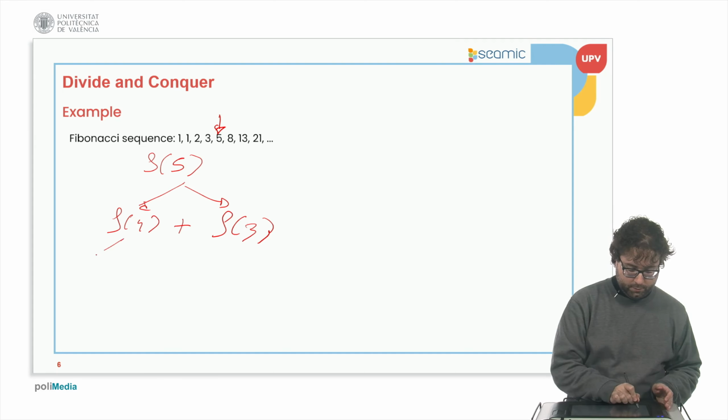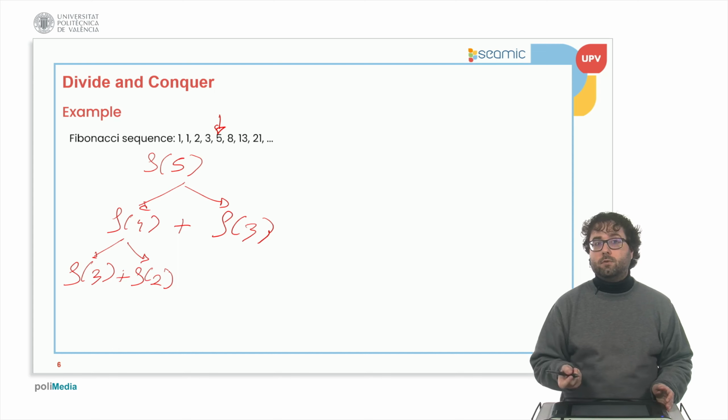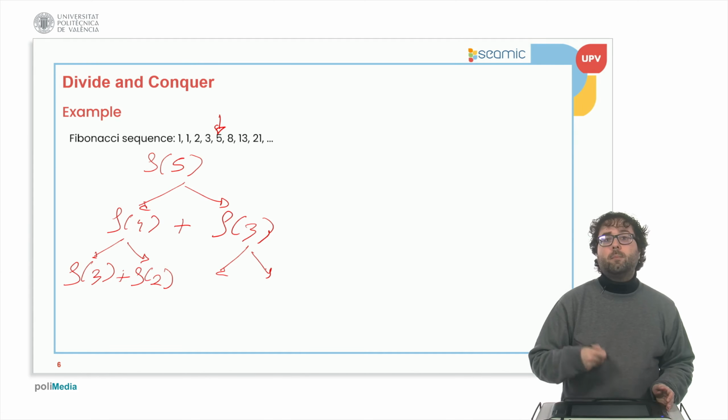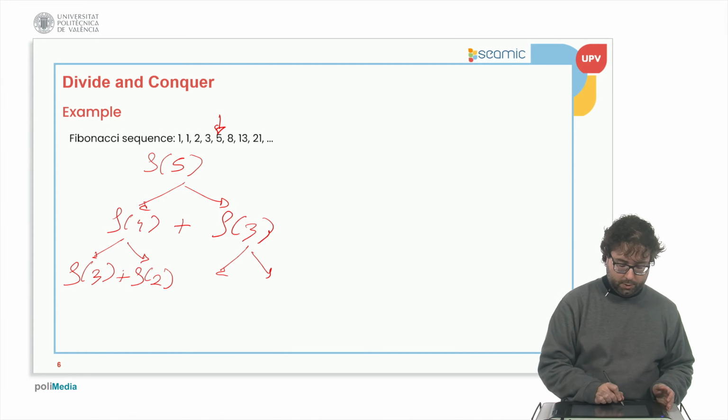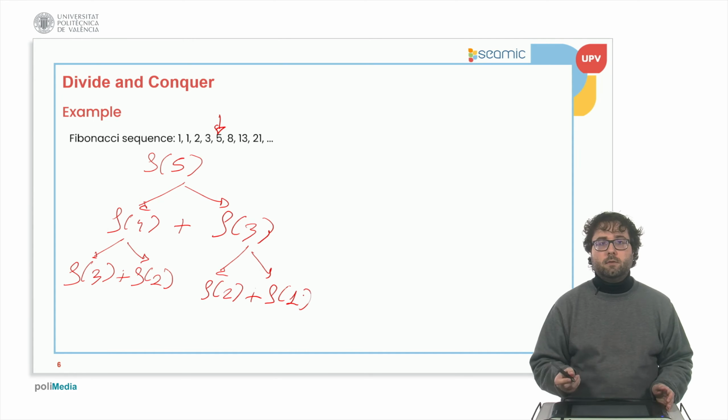Position 4 is position 3 plus position 2. Position 3 would be position 2 plus position 1.